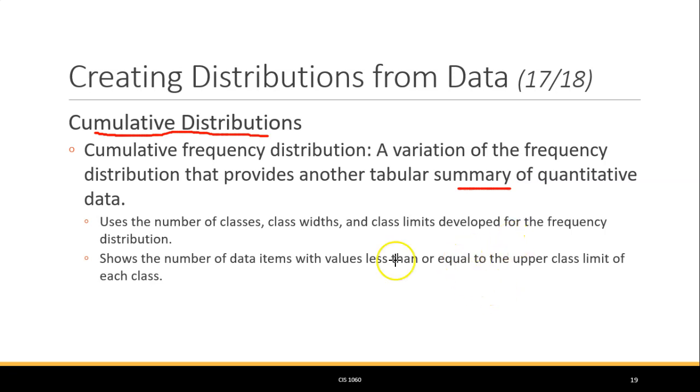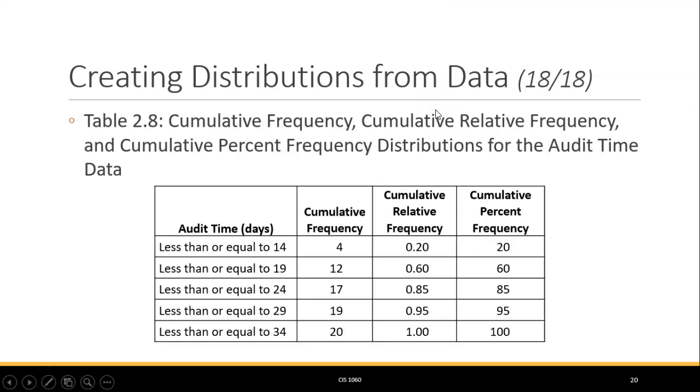I really don't like these definitions that are in the PowerPoint, but please take note of them. My definition is basically this: it is the accumulation of the frequency counts from the lowest to the highest count of the bins.